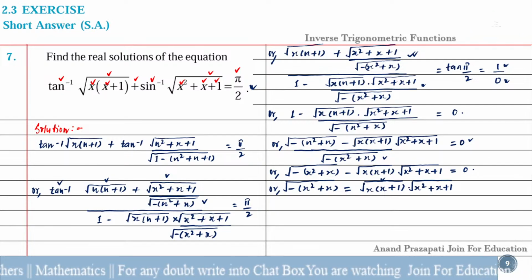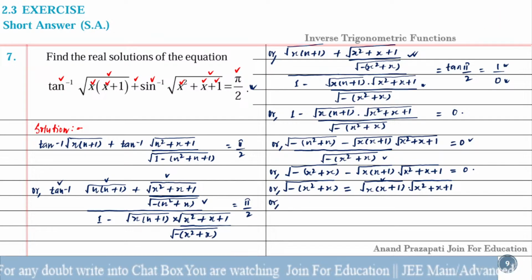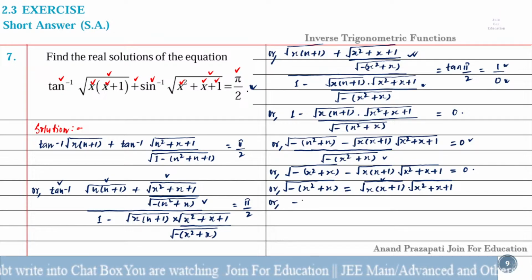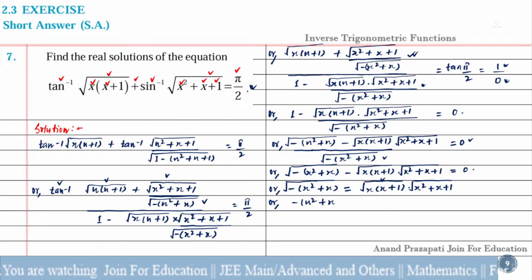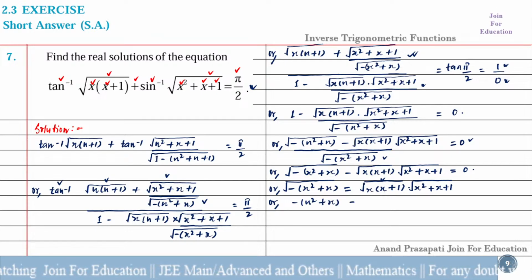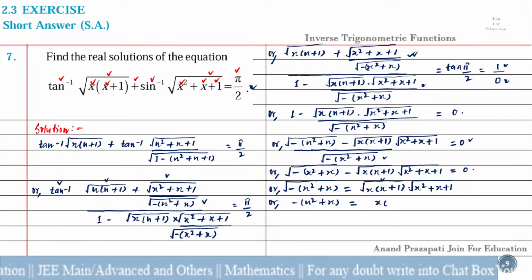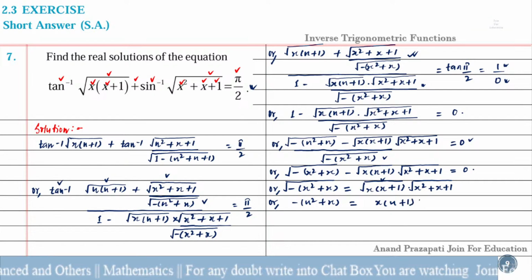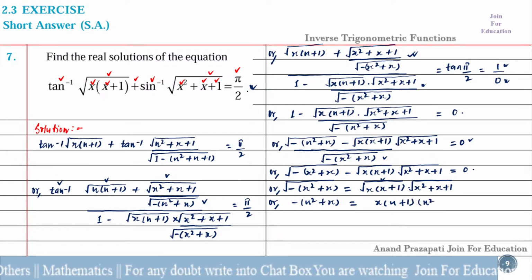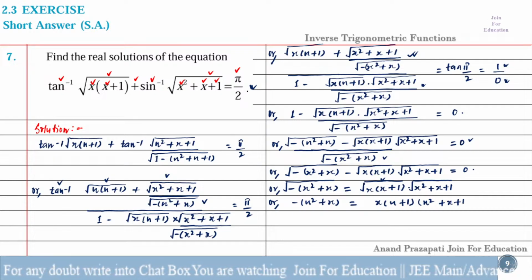So now we are squaring both sides, then in the left hand side we get here minus (x square plus x) equal to, in the right hand side we get here x into (x plus 1) into (x square plus x plus 1).